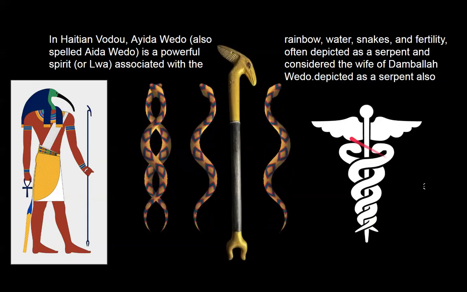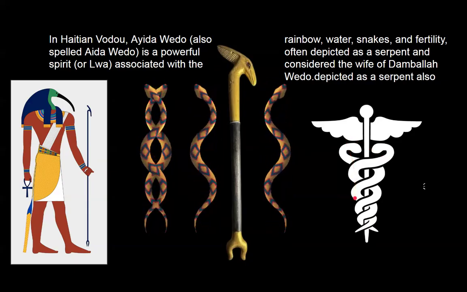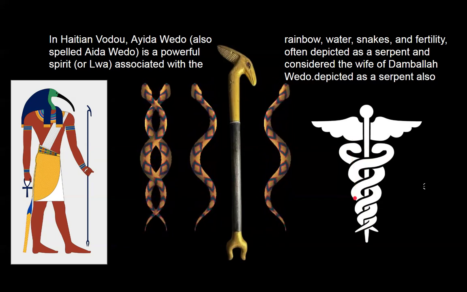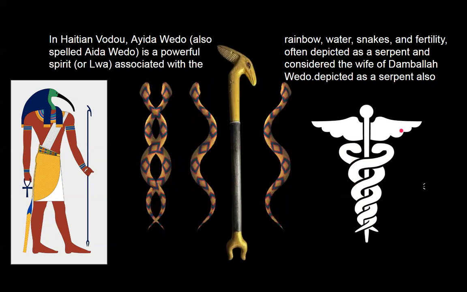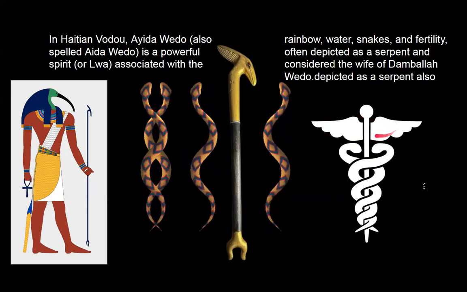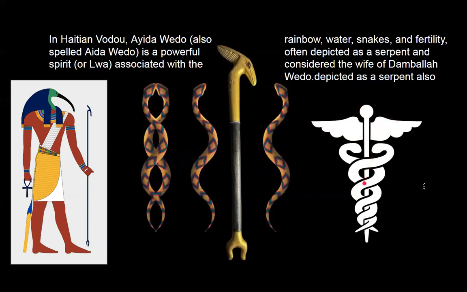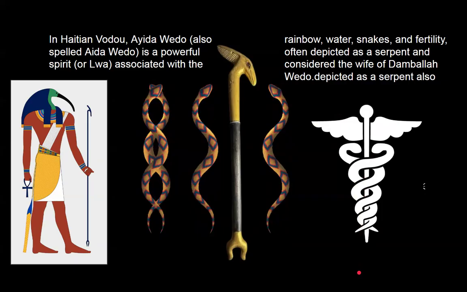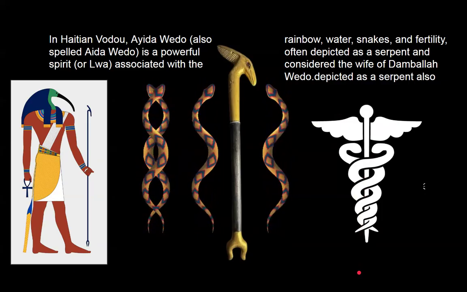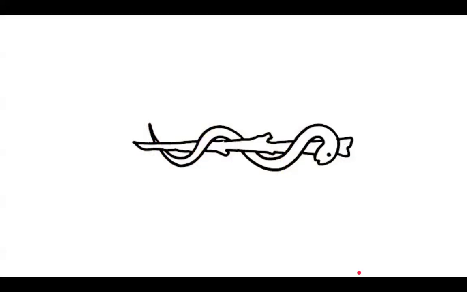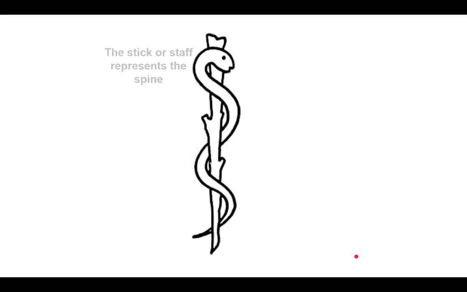It can be the energy flowing to the right and left hemispheres of the brain. And the wings represent the upper spiritual nature, while the snake represents the earthly energy and physical nature. So we have the snake wrapped around the stick. The stick or staff represents the spine.